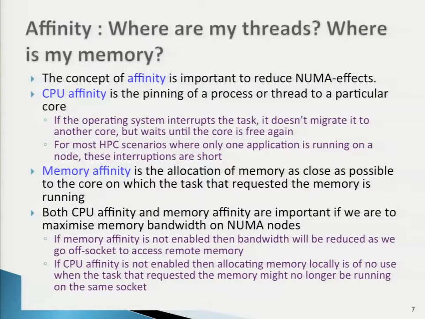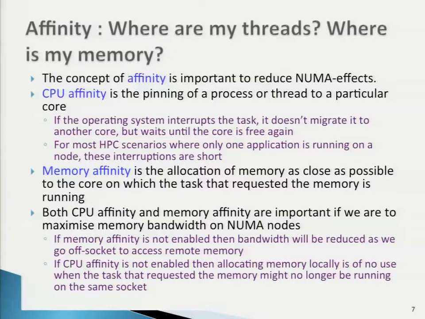Often what will happen is that if the operating system interrupts a thread for a hardware interrupt, once the interrupt is finished, the operating system will start the thread up again, but it might start the thread up on a different core. In a worst-case scenario, it might start the thread up on a different core on a different socket, for example, or in a different NUMA domain.